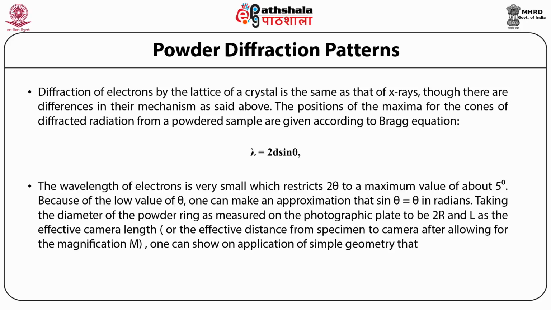Taking the diameter of the powder ring as measured on the photographic plate to be 2R and L as the effective camera length, or what is also called the effective distance from specimen to camera after allowing for the magnification M, one can show by application of simple geometry that R is equal to L tan 2 theta.